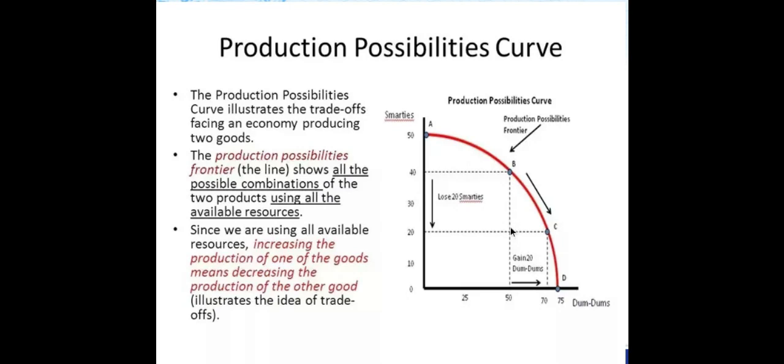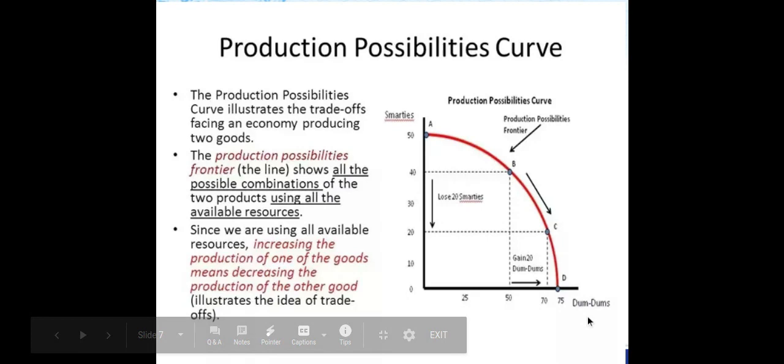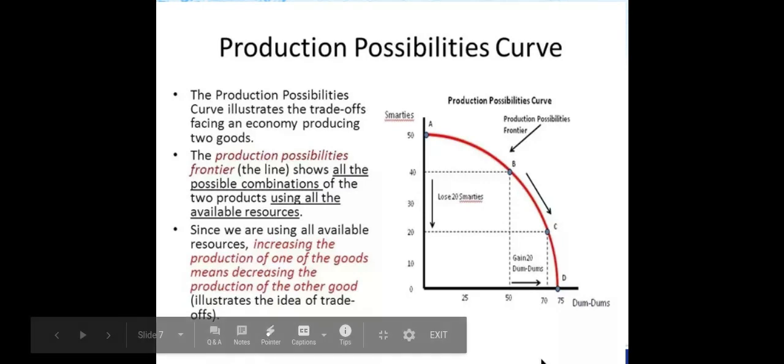That would be our trade-off. That's what we're going to have to give up. That would be our opportunity cost. Our next best option, would it be smarter for us just to make 10 more Smarties so that we can make and lose all of our dum-dums or whatever. I realize this is a weird example, but this is what we're given here.